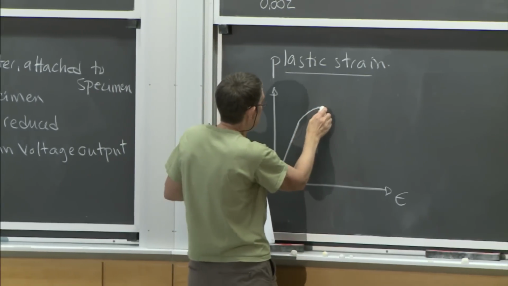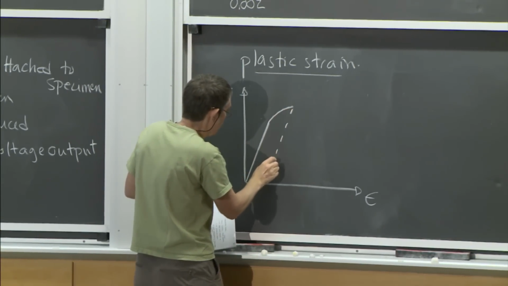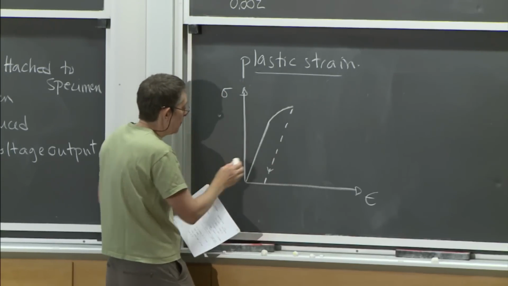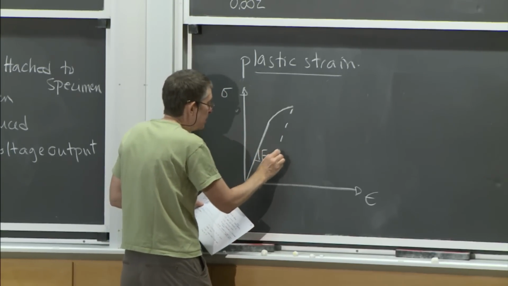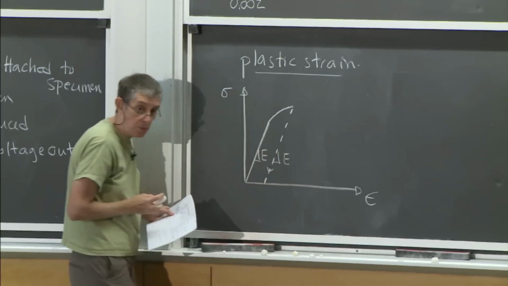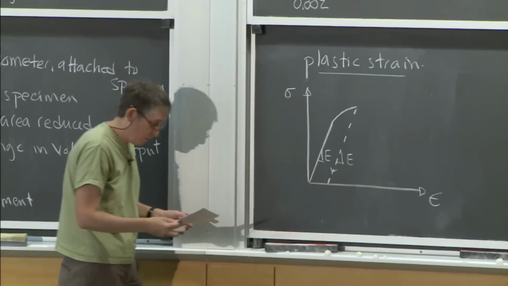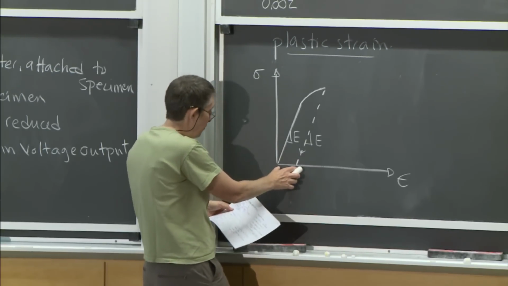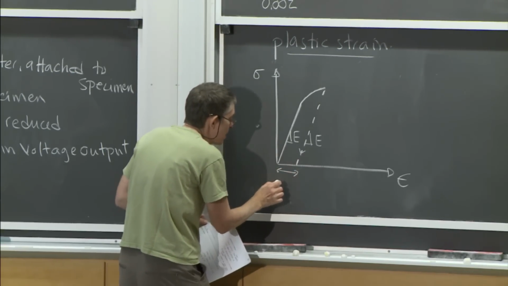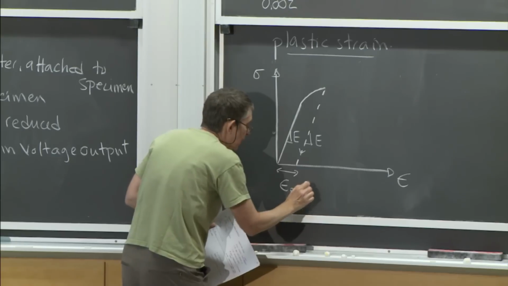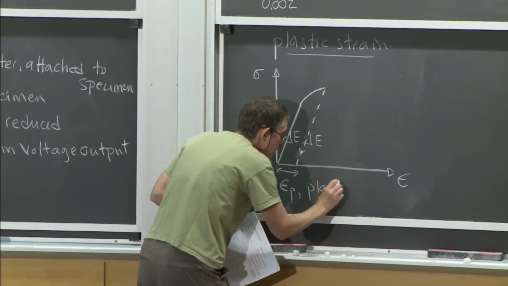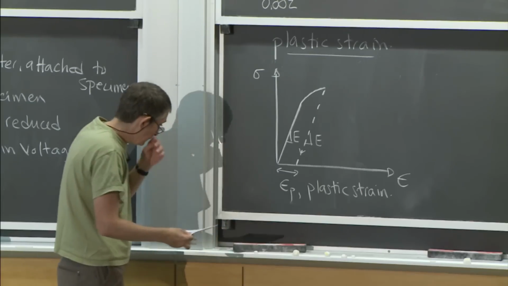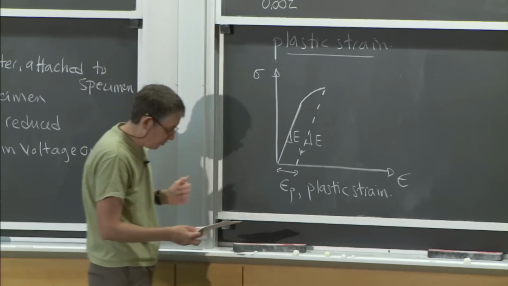So if I unload this, try and make it the same there, it would unload like that. Okay, so say that slope there is E, that slope there would also be E. Okay, so when we unload it, we've got this amount of the plastic strain, so that would be our plastic strain there. Okay, so that's permanent. You can't recover that.